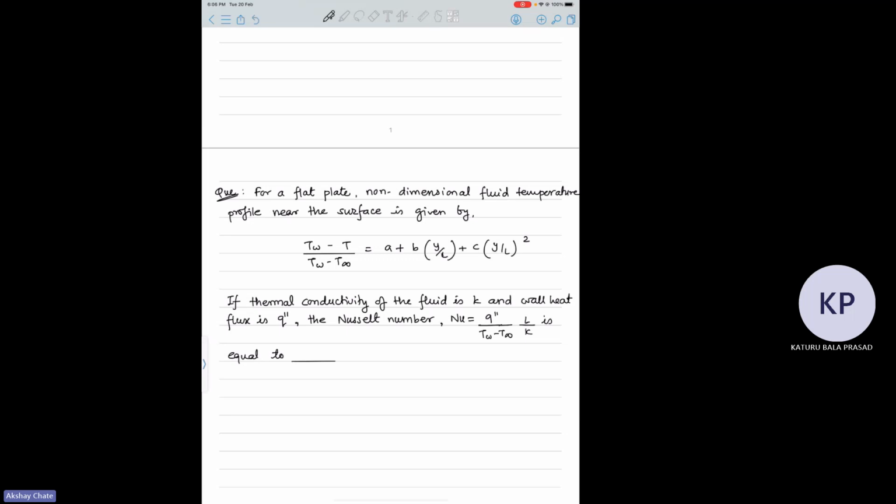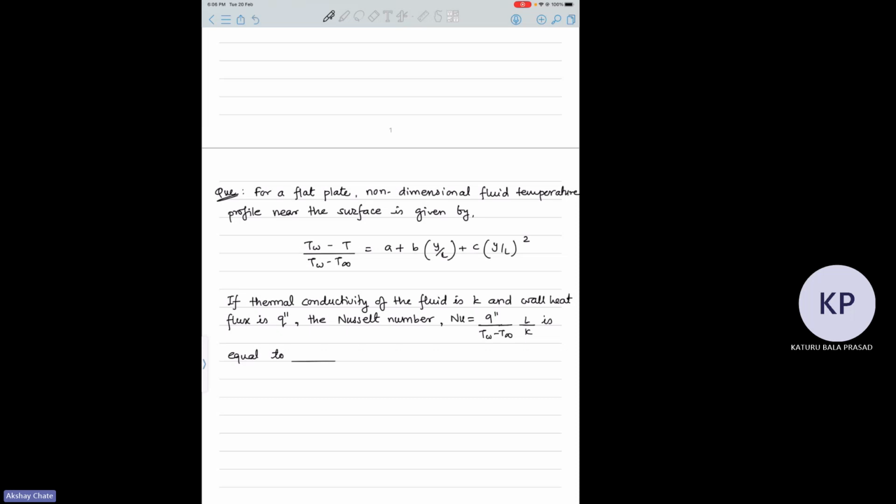Here you may not know the Nusselt number so far because it is not yet introduced to you, but for now you can understand it as something which relates to the ratio of heat convection to heat conduction.